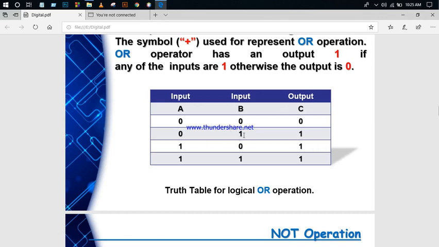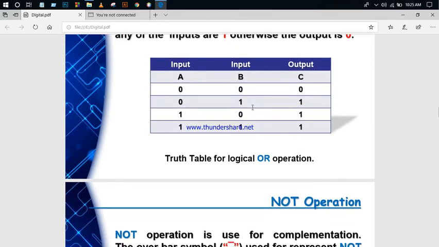Input A is 1 and input B is 0, the output is 1. Input A is 1, input B is 1, 1 or 1, the output is 1.